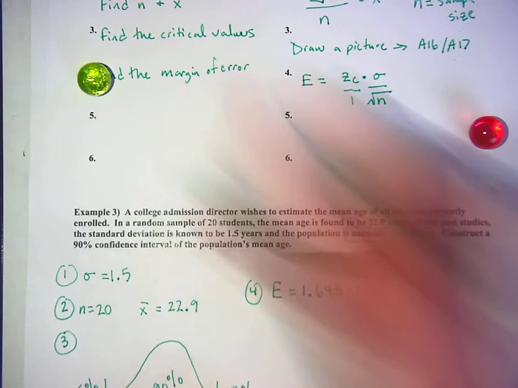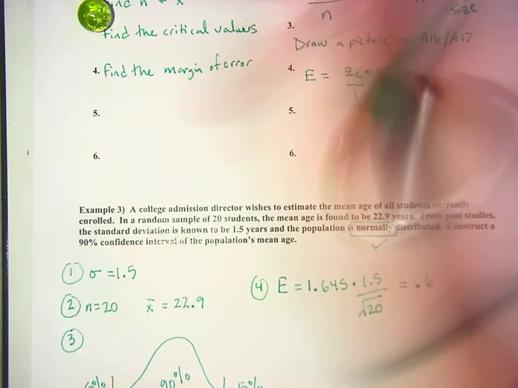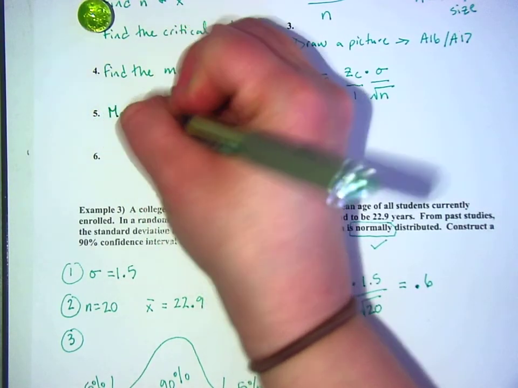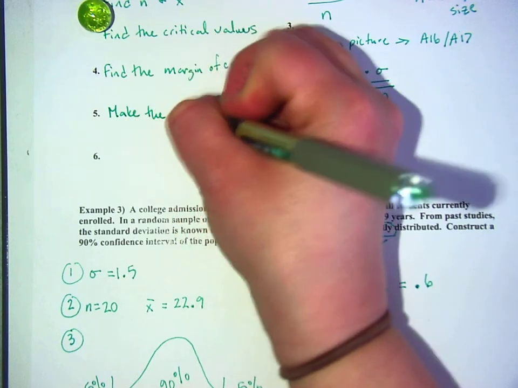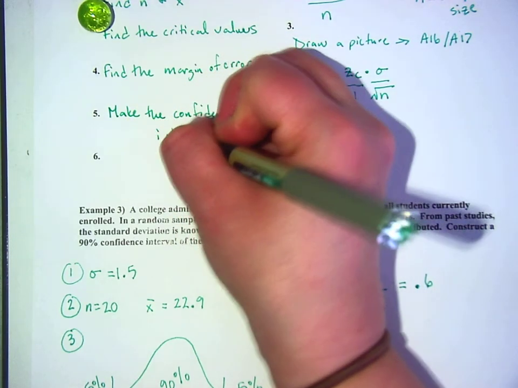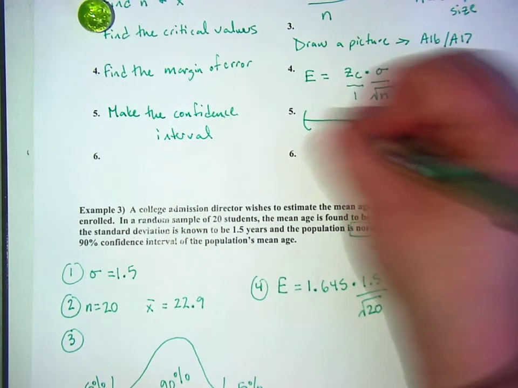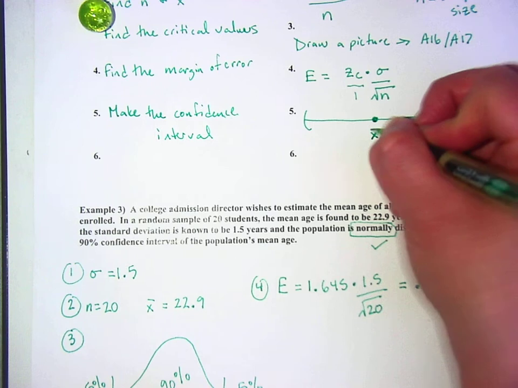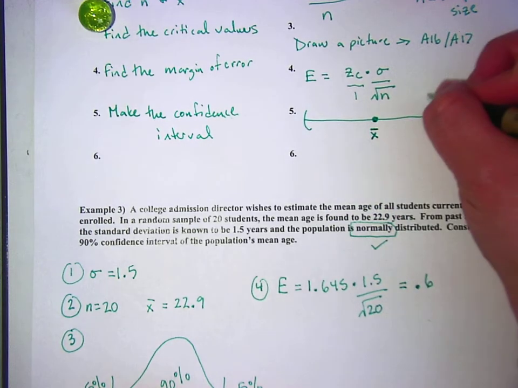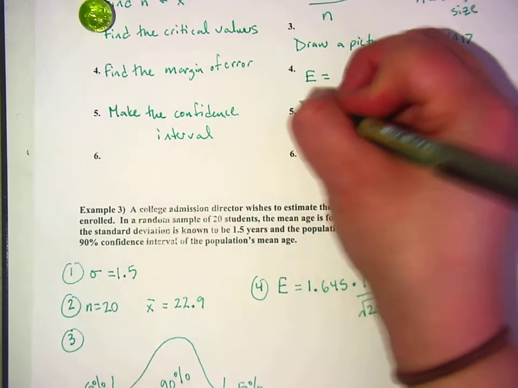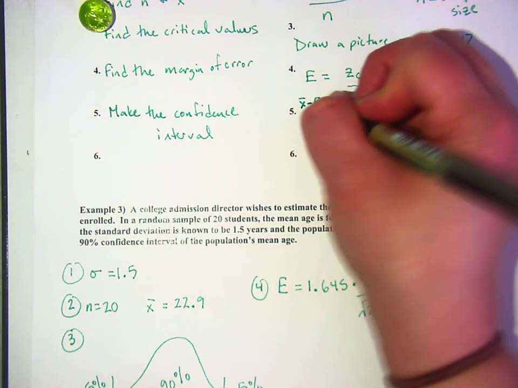All right, now we're going to go back up to this list. Step 5 is to make the confidence interval. In the middle is going to be your x bar. And on the edges will be x bar plus the error and x bar minus the error.